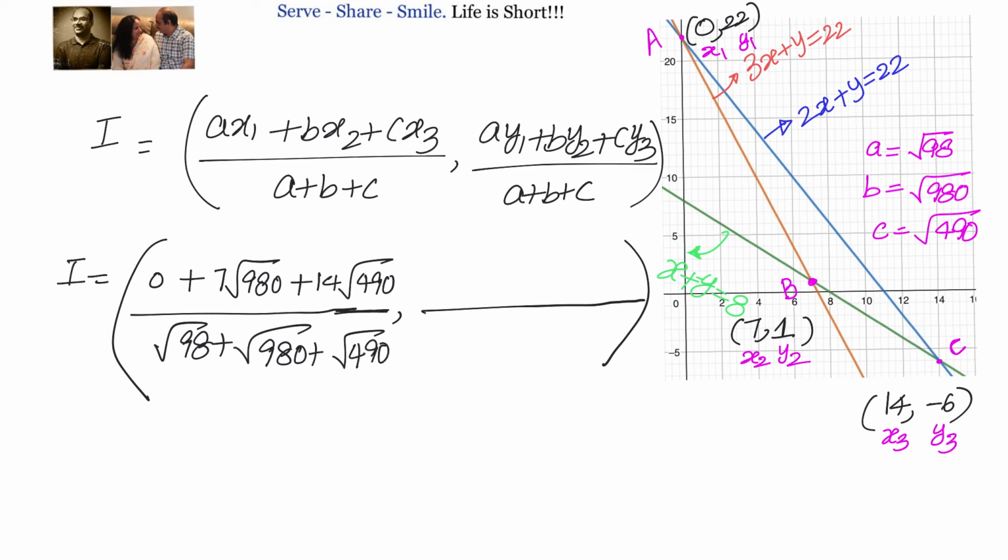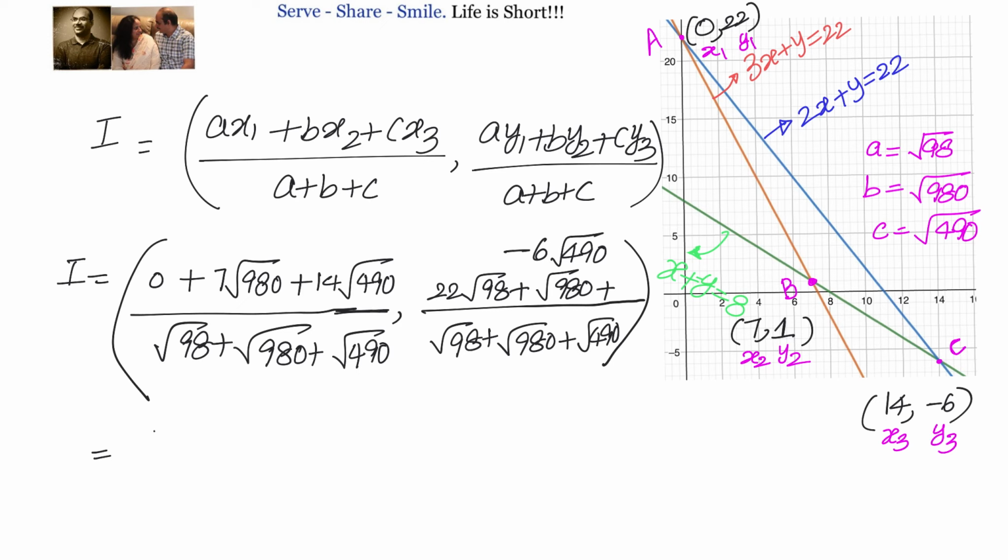490. Similarly, let's go to the y coordinate now. a into y1, that is 22 root 98, plus b into y2, that is root 980, plus c into y3, that is minus 6 square root of 490, divided by a plus b plus c, that is root 98 plus root 980 plus square root of 490.